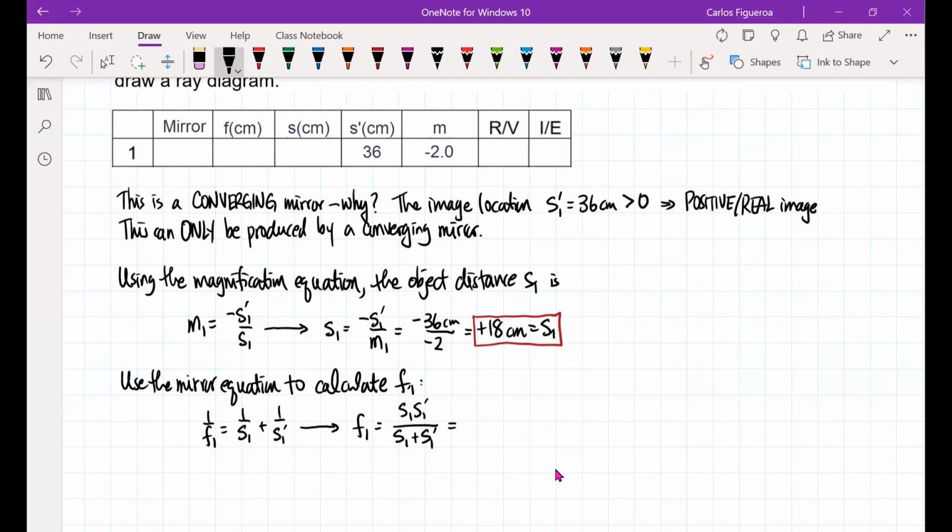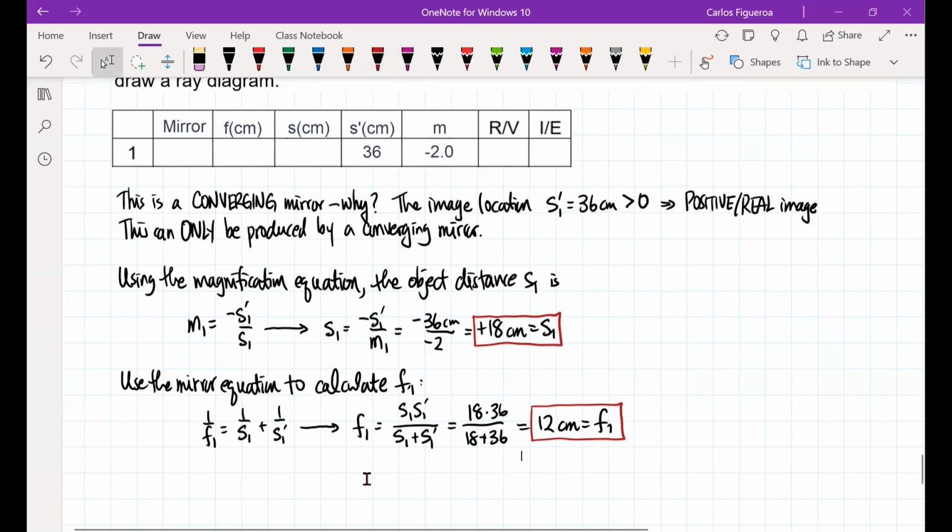Putting in my numbers, S1 is 18 and the image is 36. So if I compute this number, I get 12 centimeters for the focal length. So now I have all of the information that I need.